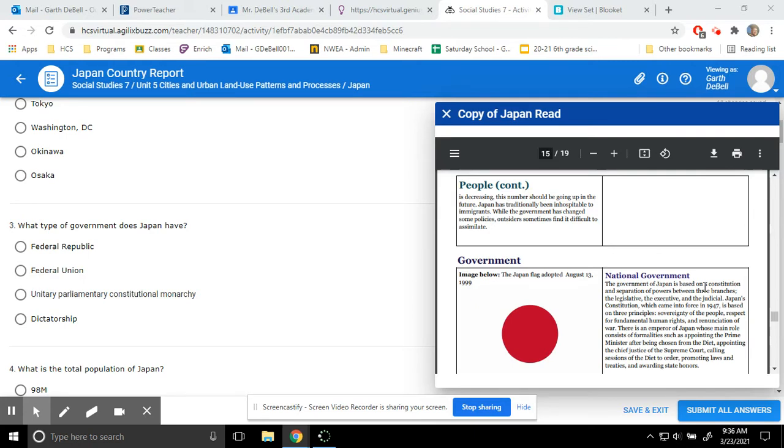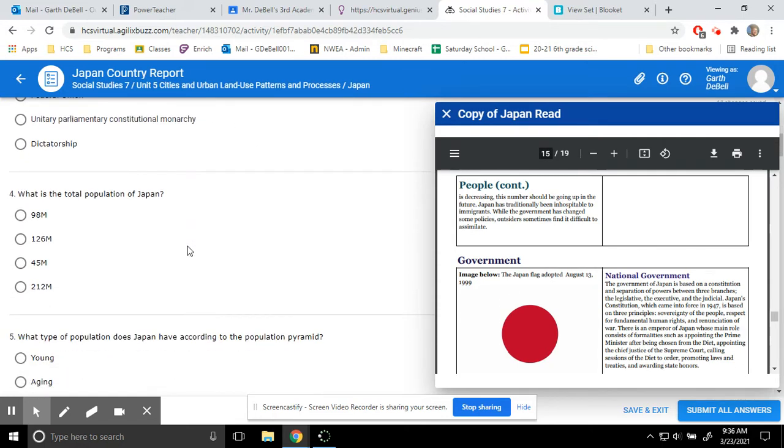This says it's a government based on a constitution, and it has 3 branches, all this, that, and yada, yada. And then it talks about there's an emperor of Japan whose main role consists of formalities. It should be pretty easy as long as you read that to know which one of these it is. But you have to put it together yourself.